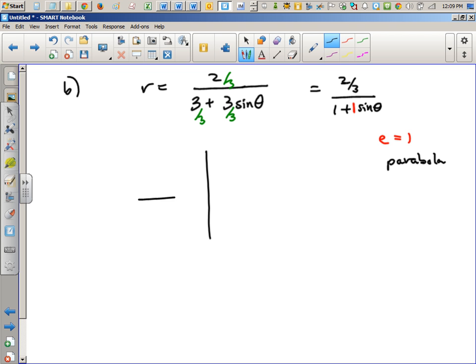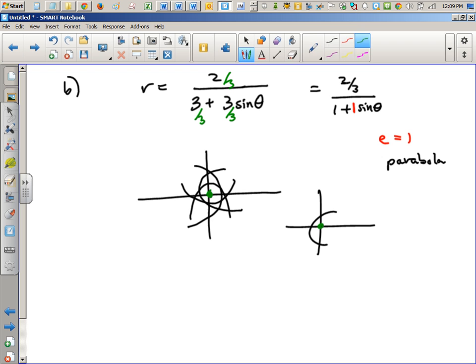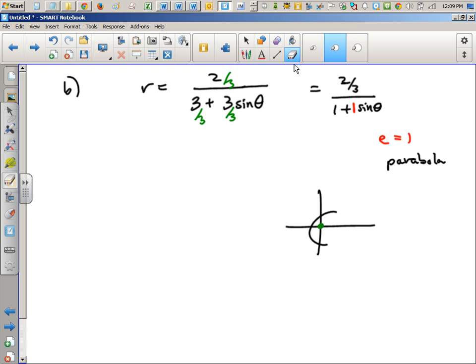Okay, this means that it's one of the following 4 pictures, guys. We know that it has a focus at the pole, so it's one of these parabolas: 1, 2, 3, or 4. Is it this one? Or is it this one?